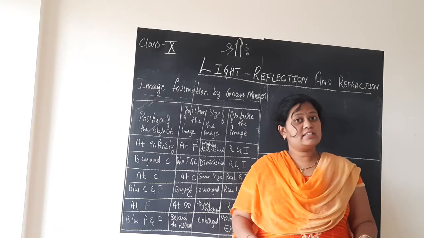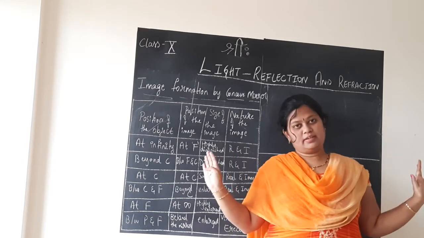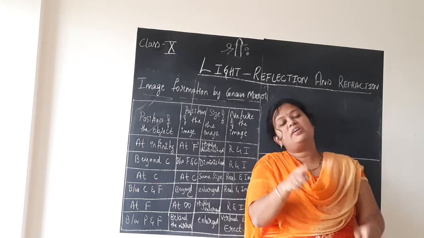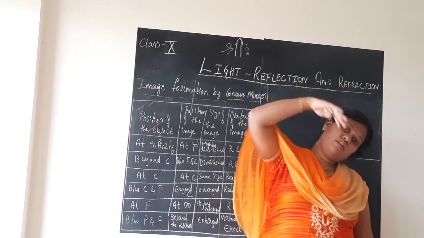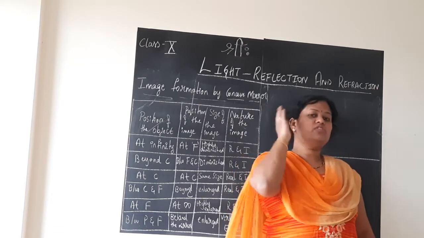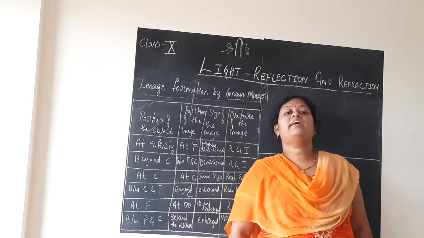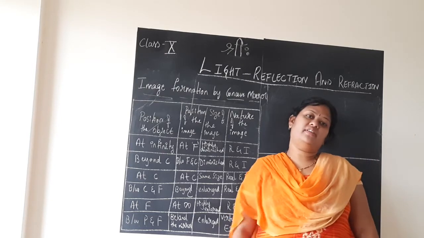If at all you get this confusion, you imagine yourself standing right in front of the mirror. The image formed in the mirror, what you see of yourself, is always the virtual image. And you are looking straight, you are not looking upside down in the mirror, not inverted. So virtual images are always erect and real images are always inverted, children.